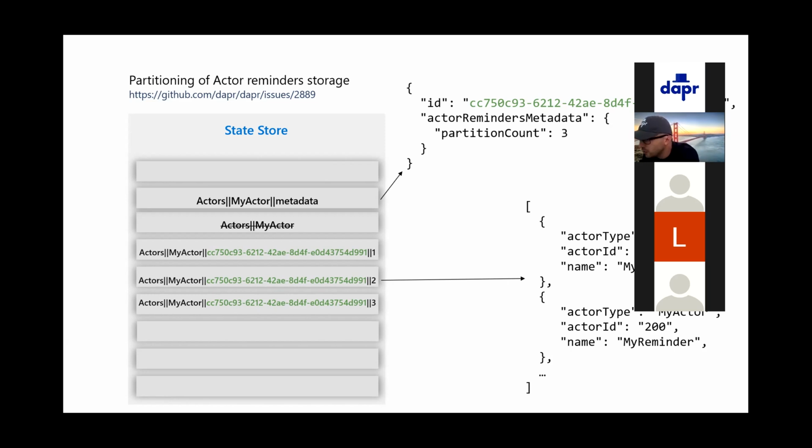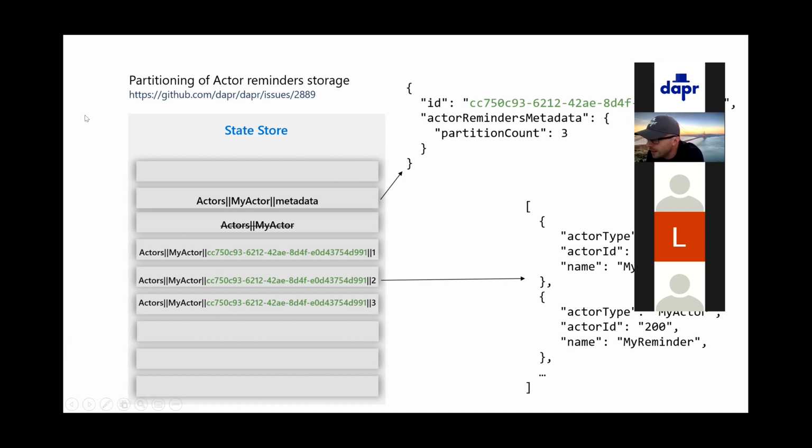And in this case, we have a reminder partition, which we save as a separate record. The identifier is part of the key, and then we partition that into, in this case, 3 different records. Each one of those has a subset of the list. And in this case, it's not a list anymore, it's a set, which means the order doesn't matter.